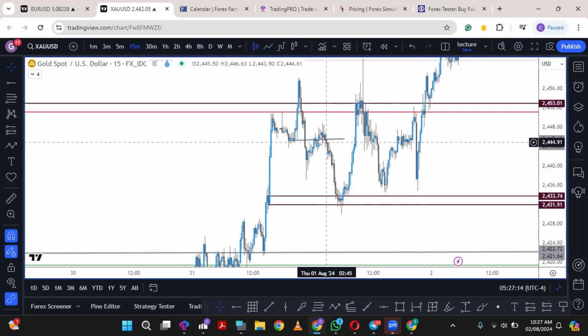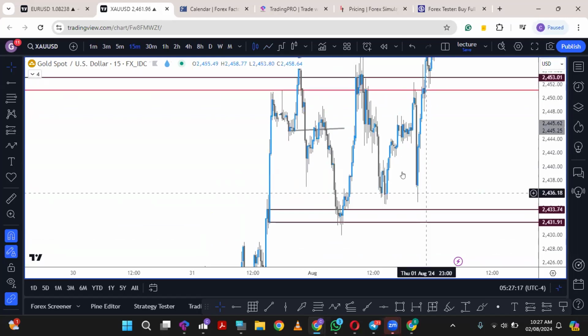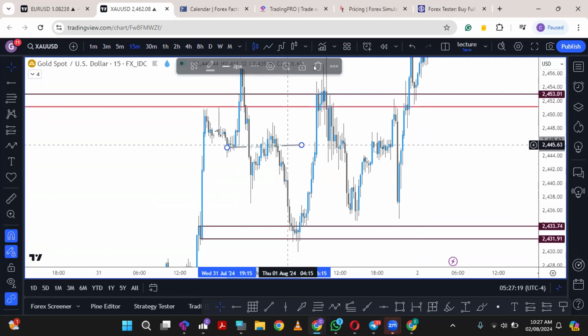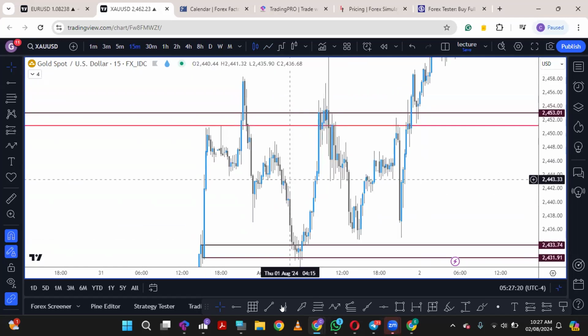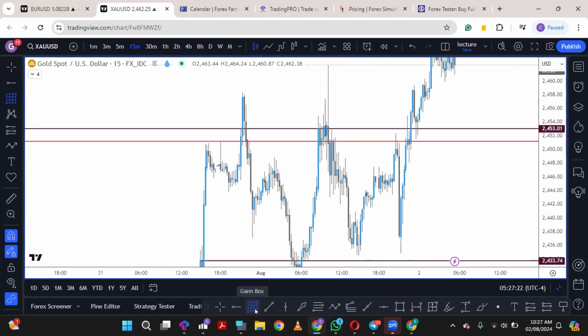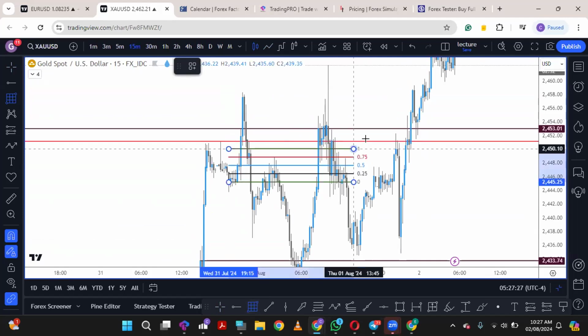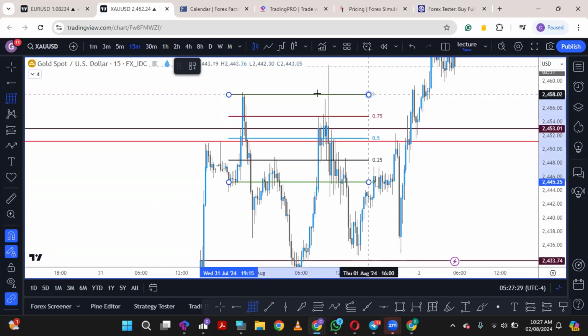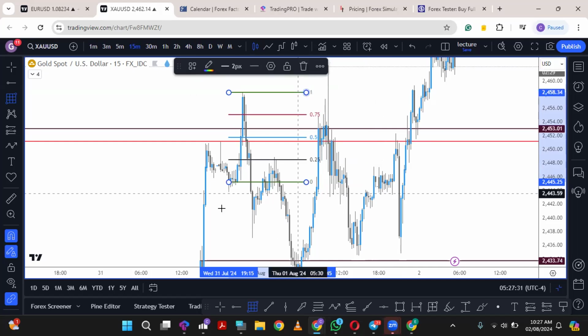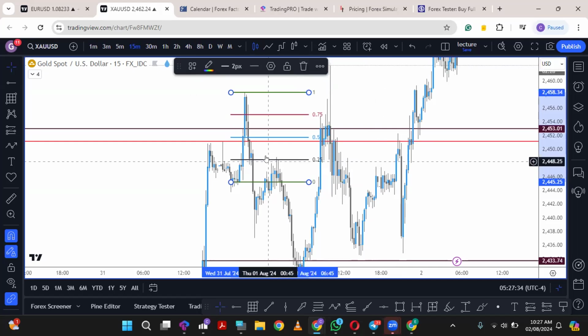Once price got in here, what do you do? You pick a box. If you're on MT4, you use your Fibonacci. But on TradingView, you can use a box. You pick this point to this point here. Price didn't go far. Why didn't price go too far?